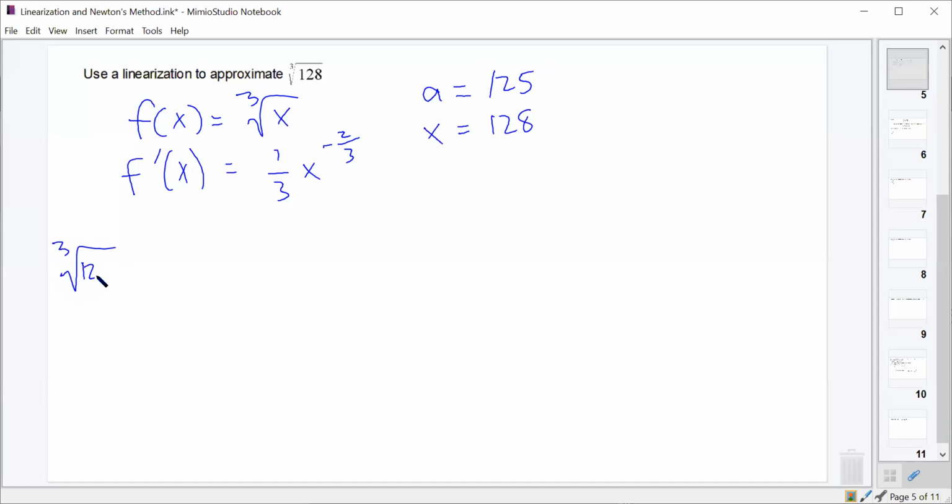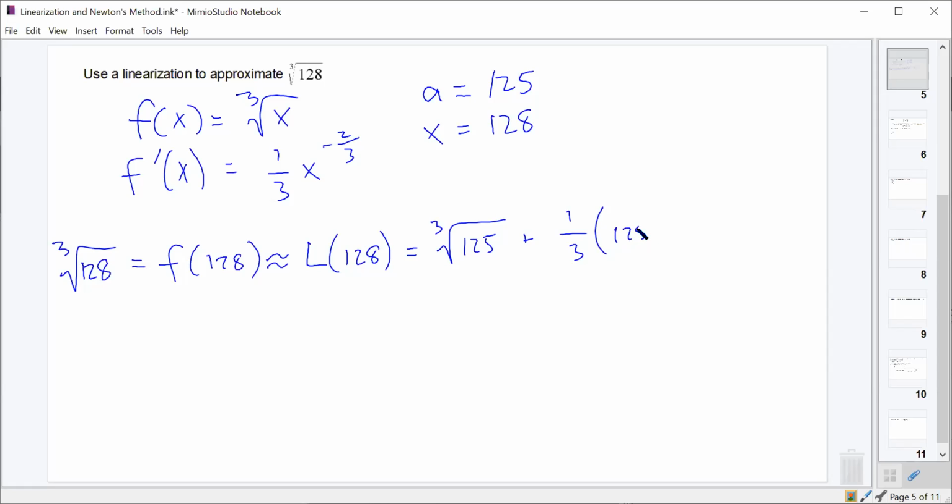So the cube root of 128 should equal f of 128, which should be approximately equal to L of 128. And L of 128 ought to be f of a, so cube root of 125, plus f prime of a, so that'd be 1/3 of 125 to the negative 2/3 times x minus a. So far good?